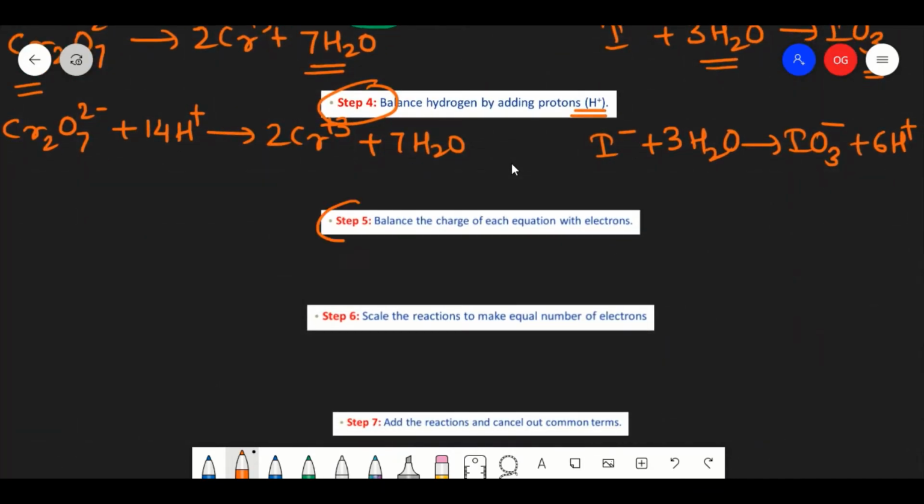The next step says to balance the charge of each equation with electrons. Now what is this all about, charges?